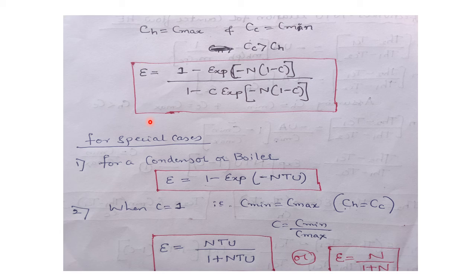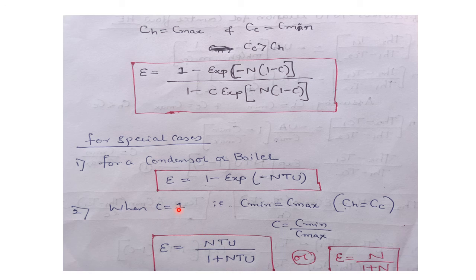Here also we will study two special cases. If the problem is based on a condenser or a boiler, effectiveness is given by this formula. When CH equals CC, that is C minimum equals C maximum, that means the capacity ratio is equal to 1, then effectiveness is calculated by this formula: effectiveness equals NTU divided by 1 plus NTU, or N divided by 1 plus N, where N is nothing but NTU.